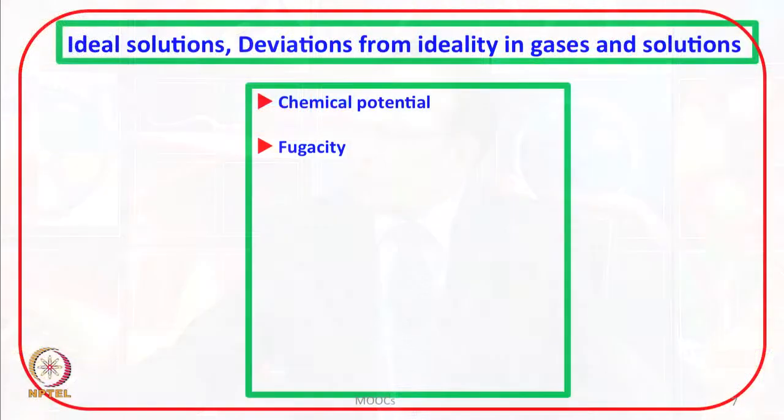So, any advanced discussion in physical chemistry when it comes to equilibria should be done in terms of chemical potential. Then we started discussion on fugacity and activity.